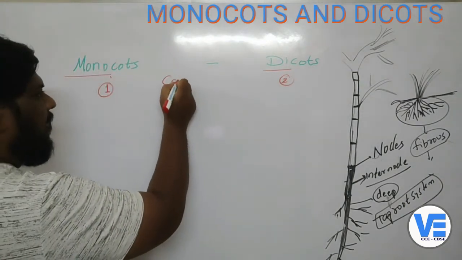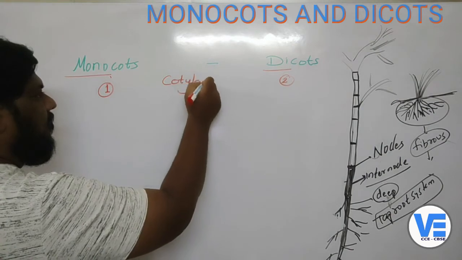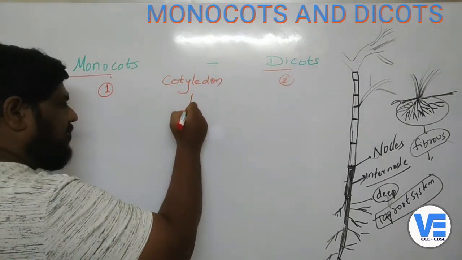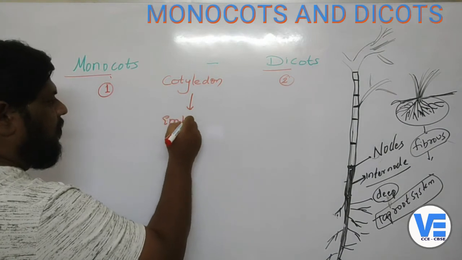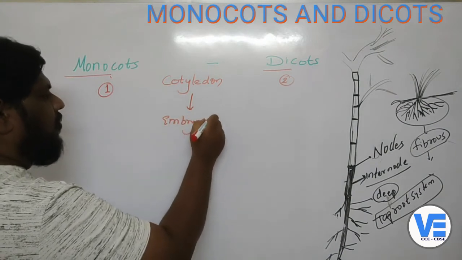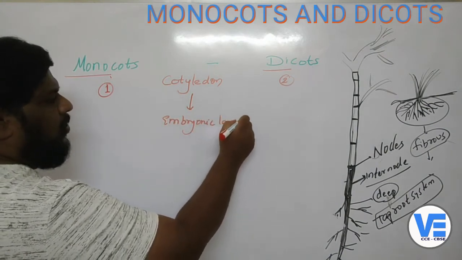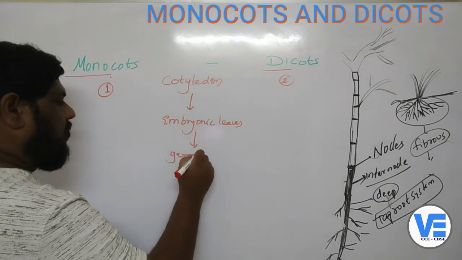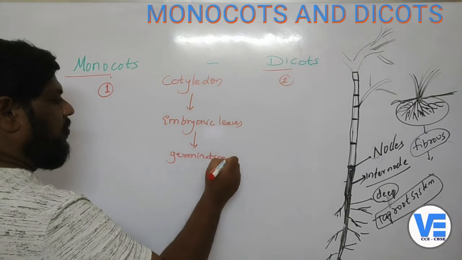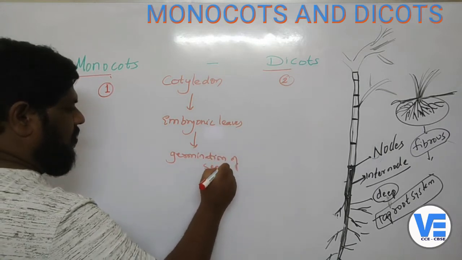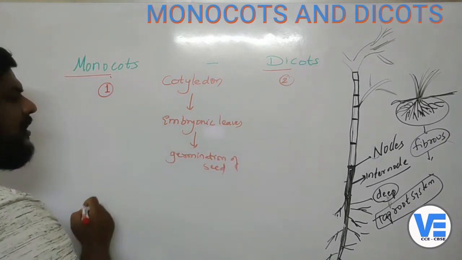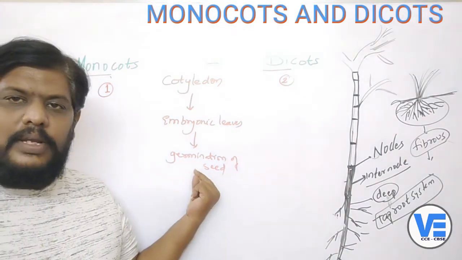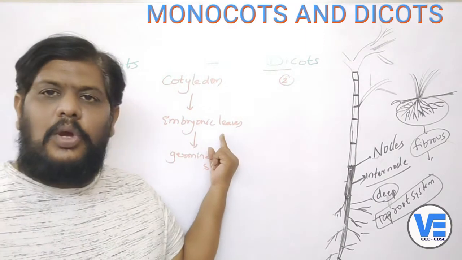Now, what is a cotyledon? These cotyledons are the embryonic leaves which you find after the germination of the seed. As soon as the seed germinates, you can see 2 embryonic leaves, right?